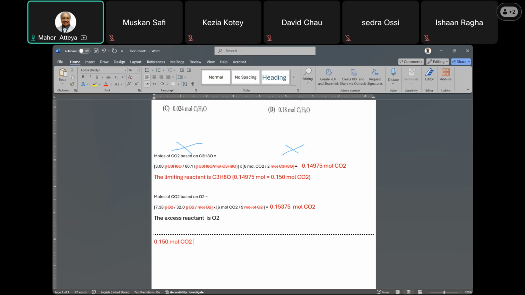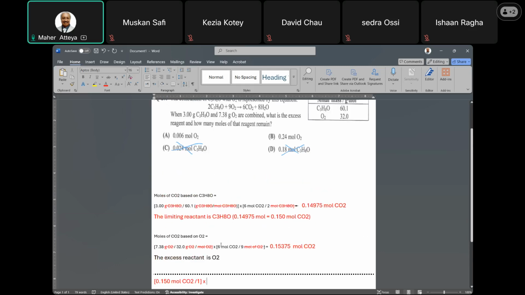I have from the equation here, this is over 1. That's what my yield will be based on. Then I say, okay, let's see how much of the oxygen is left over. So I will multiply the whole thing by, then you go to the chemical equation at the top.